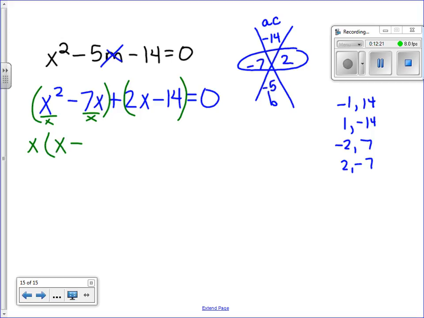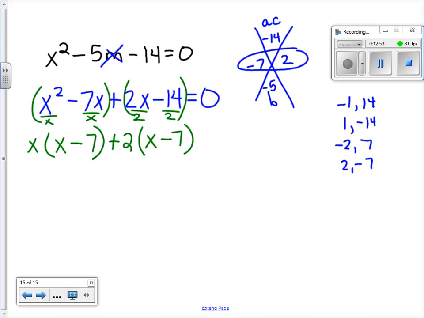What's negative 7x divided by x? Over here, in this back end, what factor do both of these have in common? A 2. What's 2x divided by 2? What's negative 14 divided by 2?